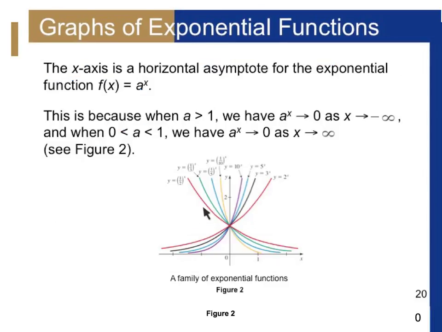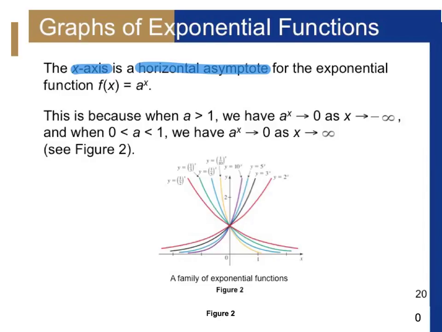So here's our class of functions again, right? Remember, we have 2 to the x, 3 to the x, 5 to the x, and 10 to the x. And then across the y-axis, we have 1/2 to the x, 1/3 to the x, 1/5 to the x, and 1/10 to the x. Some things to note, though. We have a horizontal asymptote for all these, right? And that's the x-axis.